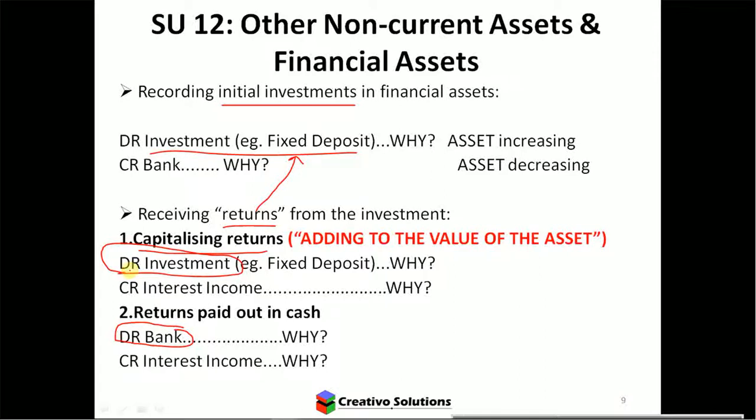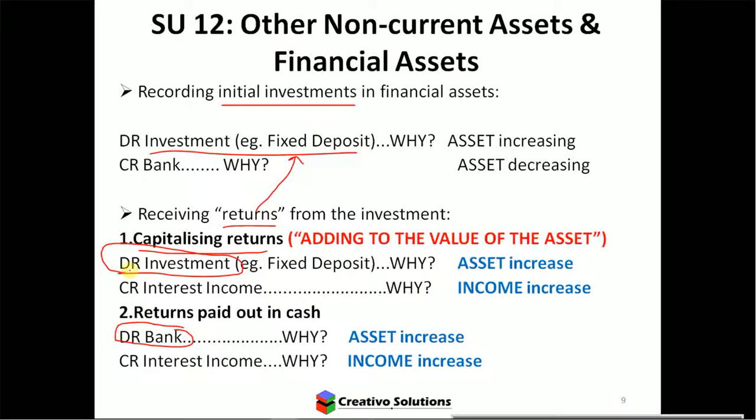But they're all going to still affect income. Income increases when you get some benefits. Is that right? But they're all assets. The assets are either increasing or the assets decreasing.